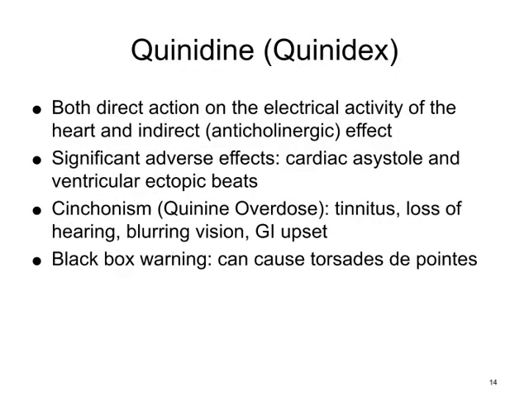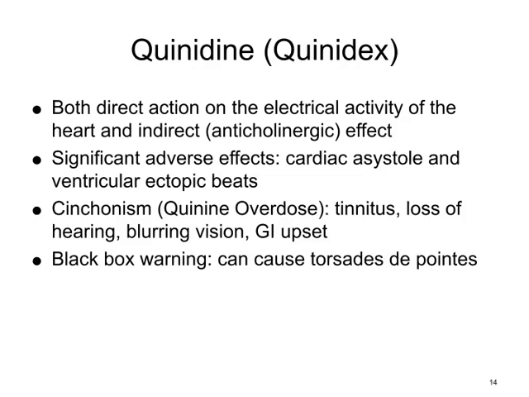Quinidine, also known as Quinidex is the brand name, basically works on the electrical activity of the heart, and it has an anticholinergic effect. So some of the serious adverse effects you can see here are asystole, so the rhythm can stop, or we can start to have ventricular beats coming in. Now, cinchonism. So cinchonism is basically an overdose of quinine.